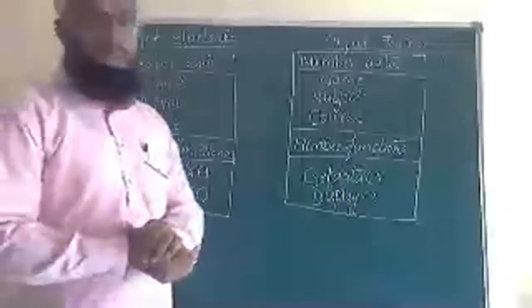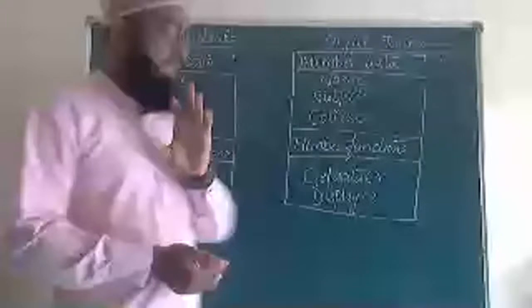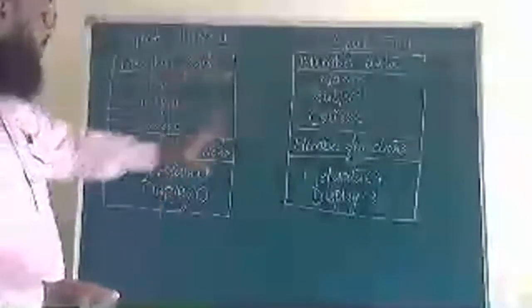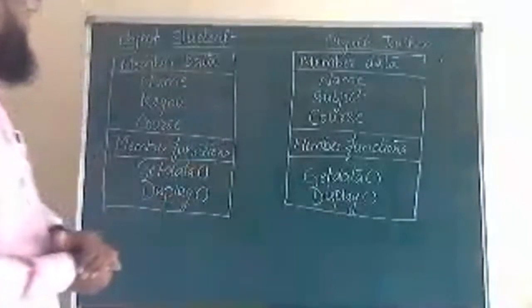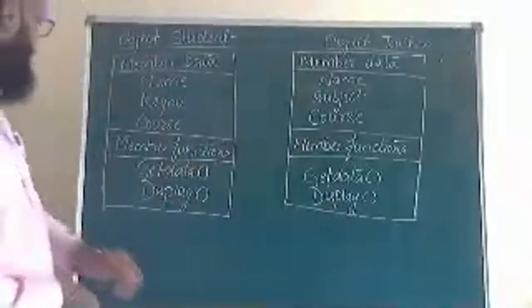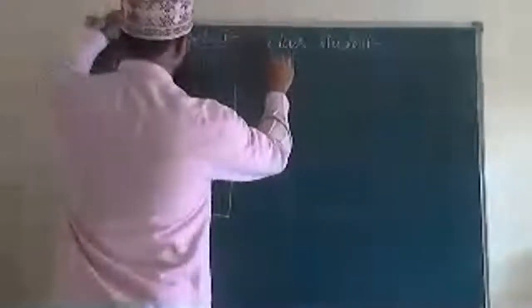I will write an example for this, then you will come to know what actually an object is. First I will write it in C++. We can take object student as class student. Then open a brace.